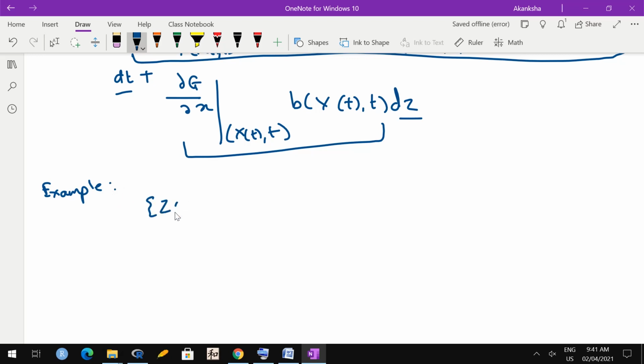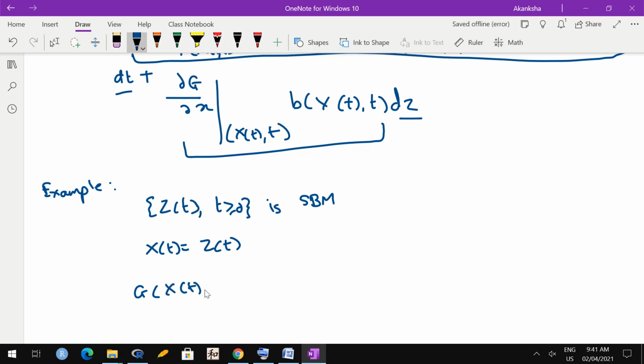We know Zt is a standard Brownian motion. Let us take Zt itself as my original process. So xt is Zt and we are interested in finding the equation for Zt squared.